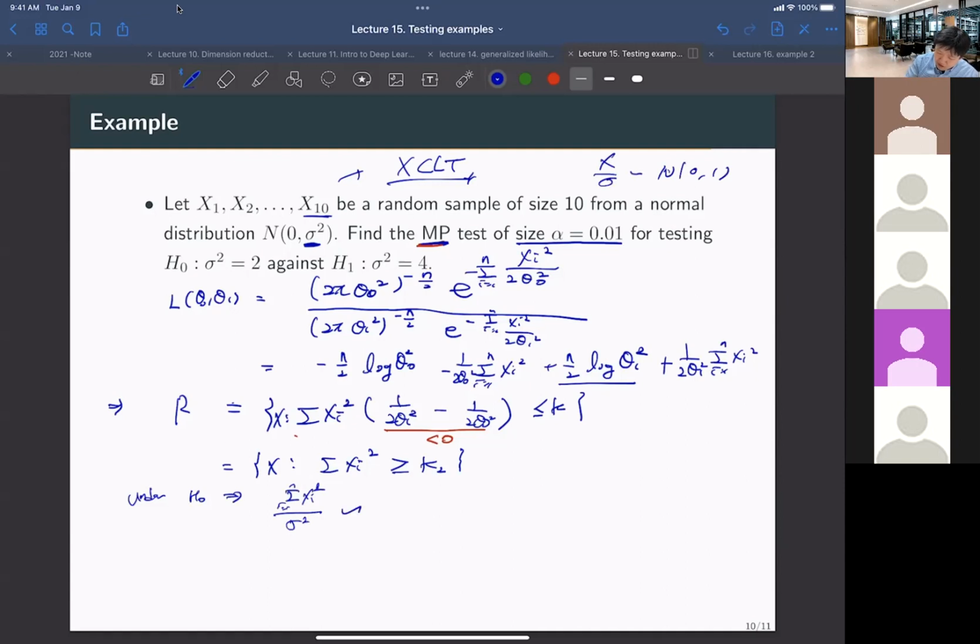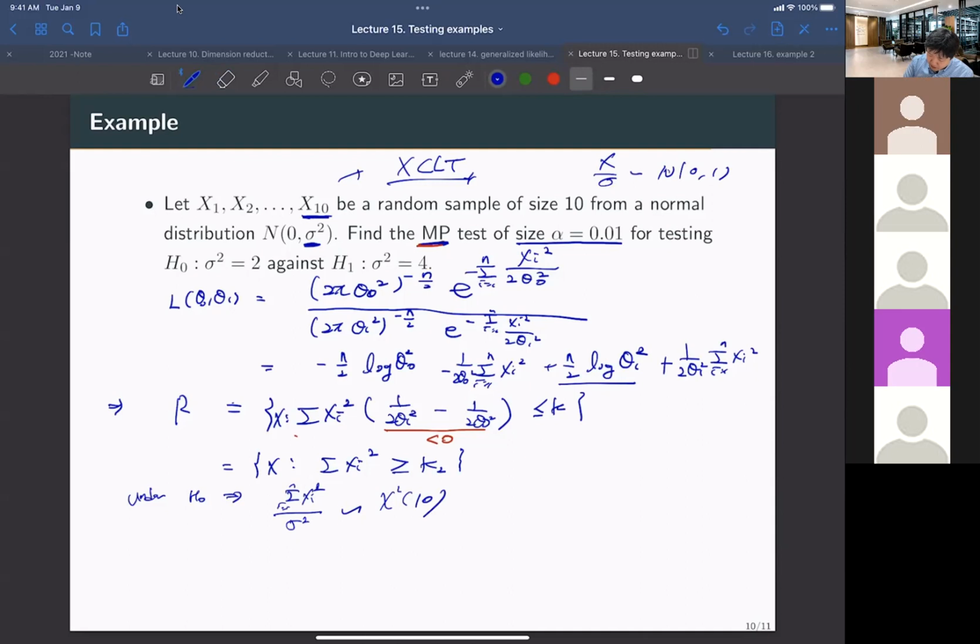So summing this up to 10, it will follow the chi-square random variable. And the degrees of freedom is 10, since we add this 10 times. So chi-square with 10 degrees of freedom. So under H0, sigma square is 2.